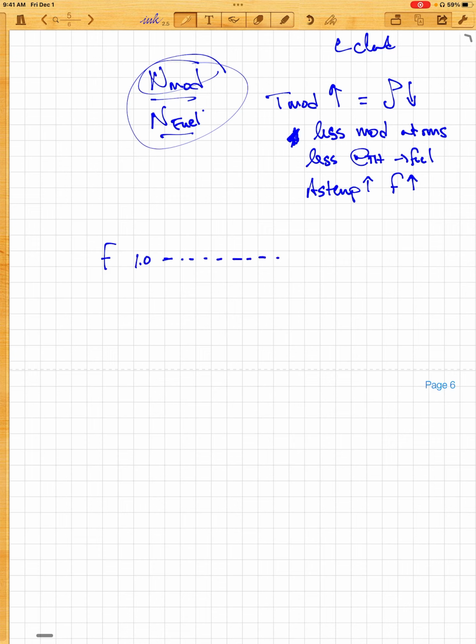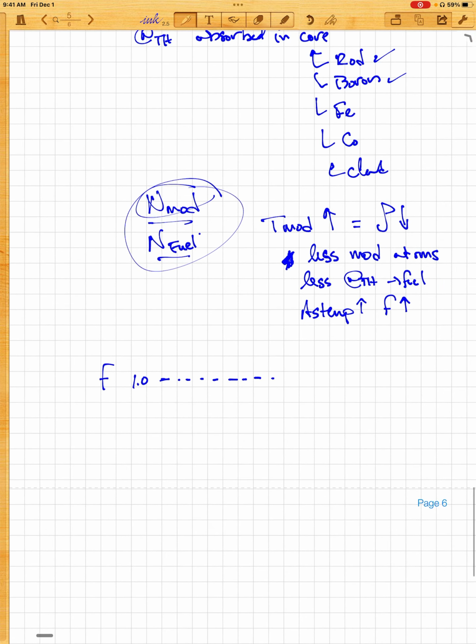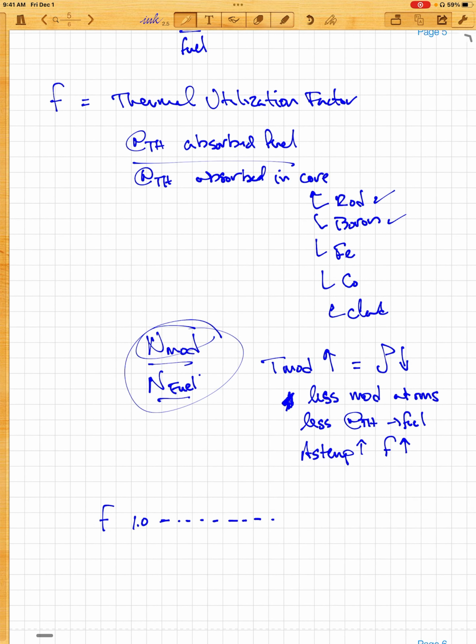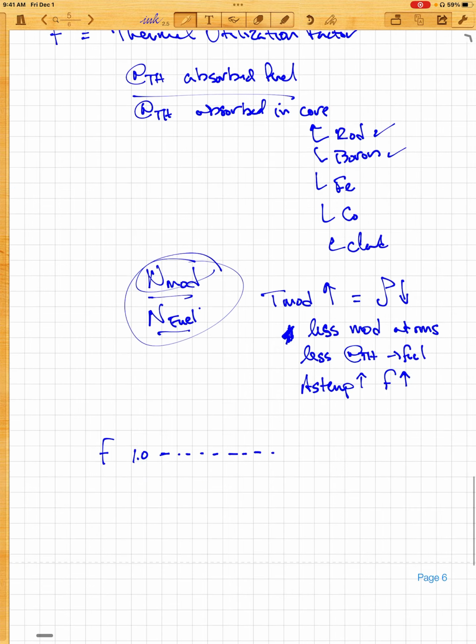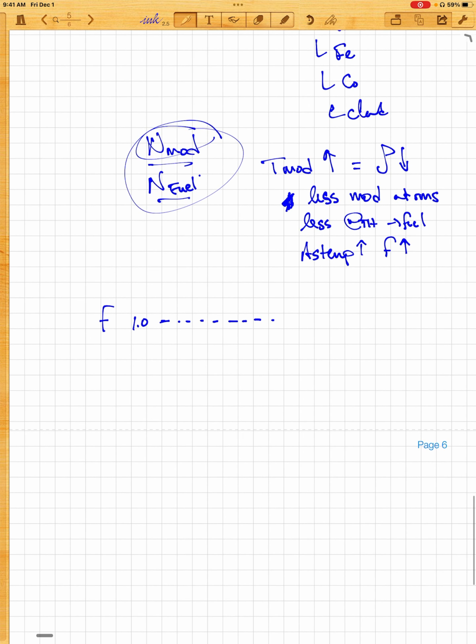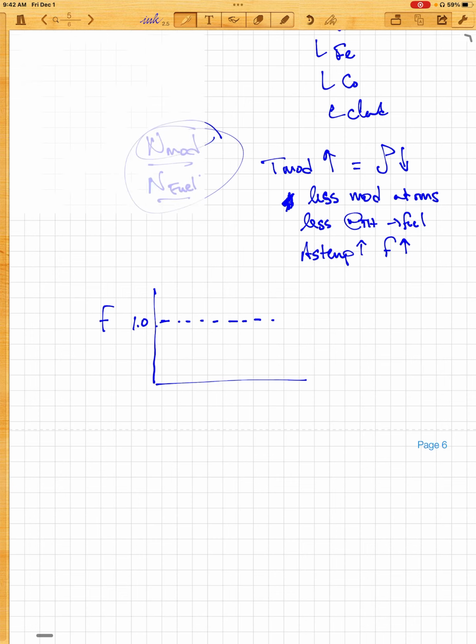That's perfect for us. That means at 1.0, the thermal neutrons absorbed in the fuel and the thermal neutrons absorbed in the core are the exact same number, which they probably never will be. There's one. F is going to follow temperature, and it's going to go down and look like that. So, wait, that was P. Oh, doggone it. F is going to go here like that.